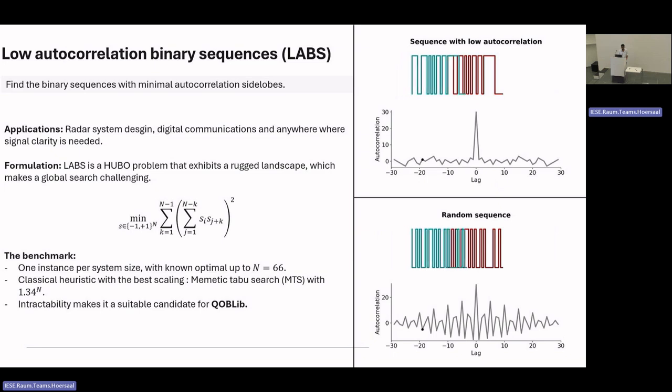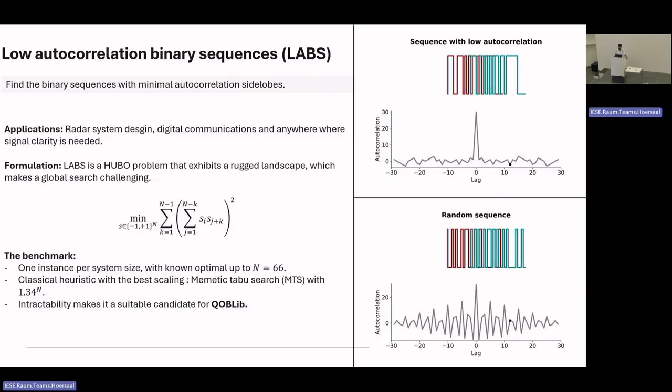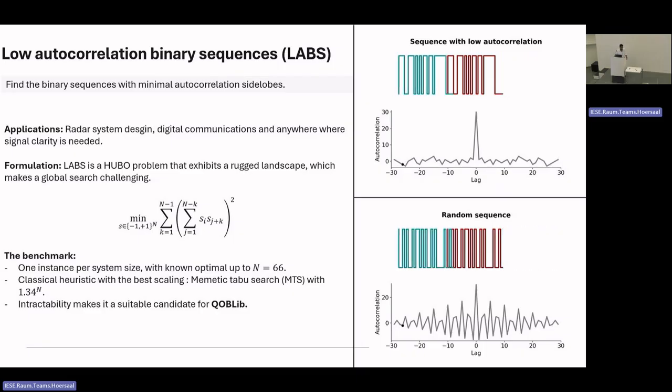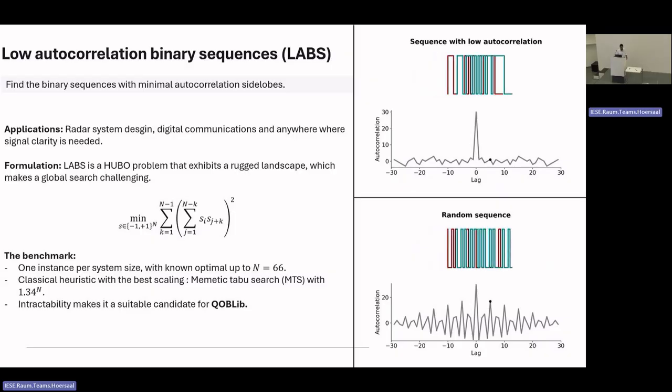For this problem, the best optimal solution is known up to 66 qubits, and for 67 no optimal solution exists yet. It is an interesting problem for the quantum computing community to see whether quantum computers can find the optimal solution even at this very low qubit size, just 67.